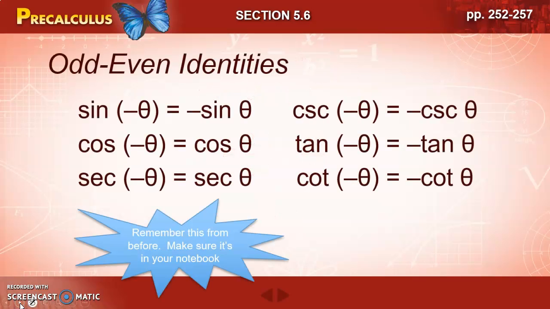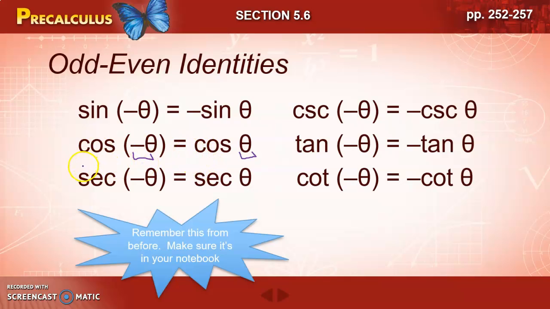Just a couple of reminders. You can see all of these identities on page 255. Sorry, right in the middle of a sneeze. These are our odd and even identities. And our even identities are the ones where the cosine of the negative angle is the same as the cosine of the angle. So cosine of negative theta is equal to cosine theta.